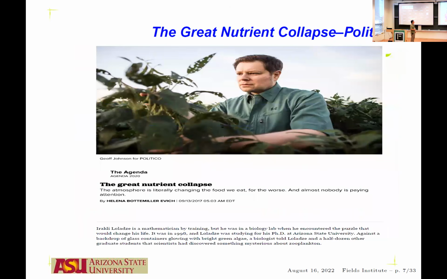And that's actually what my former student is well known for, promoting this theory that carbon dioxide reduced nitrogen content by 8% in crops, and also in wild species to a lesser degree. And then he was featured 4 years ago in Politico.